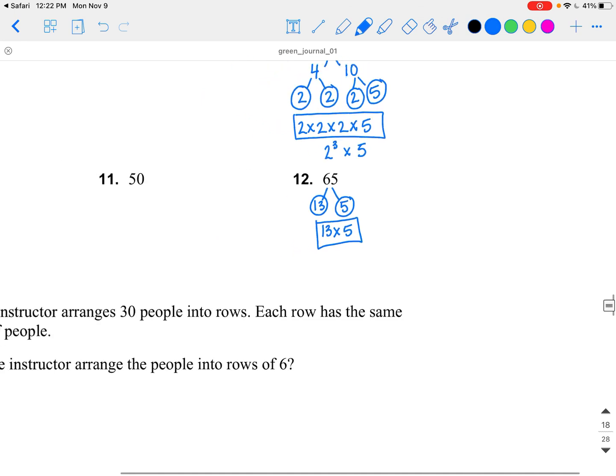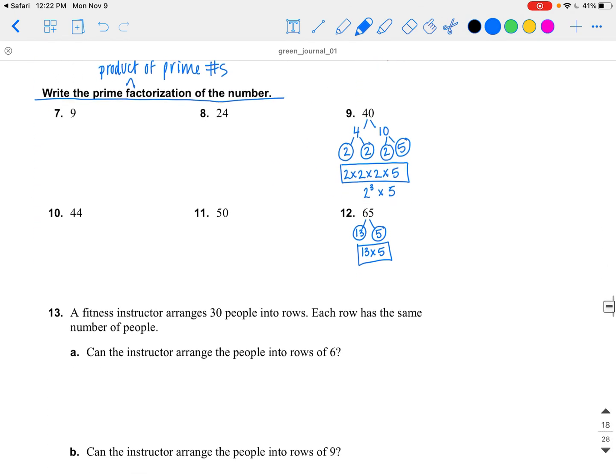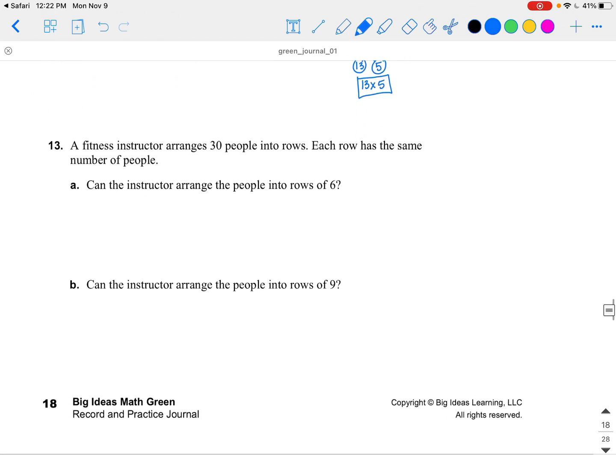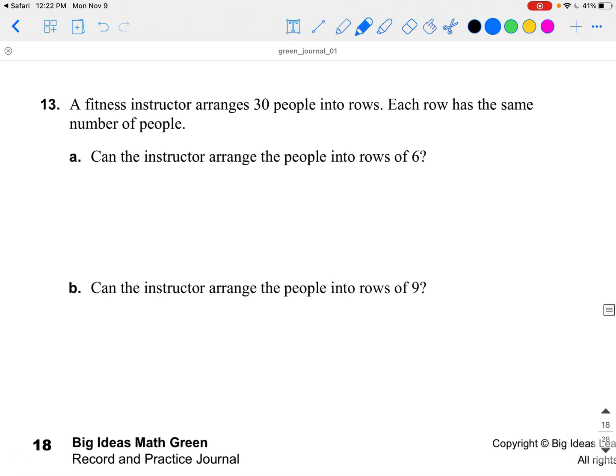All right? There are 2 examples for you, 4 examples from all of your work, and I'll help you set up this last one. So this last one says, a fitness instructor arranges 30 people into rows. Each row has the same number of people, and it asks you these questions. So can the instructor arrange the people into rows of 6? So how would we solve this?